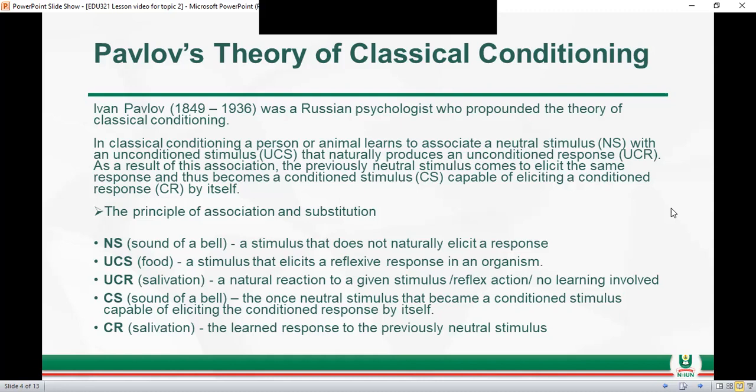As a result of this association, the previously neutral stimulus comes to elicit the same response and thus becomes a conditioned stimulus capable of eliciting a conditioned response by itself.